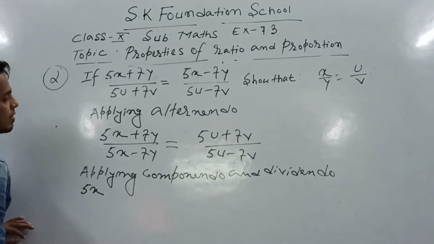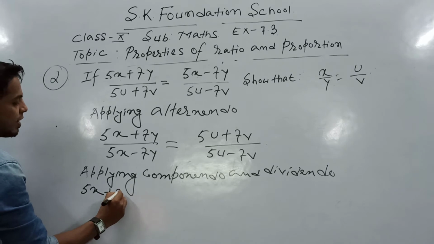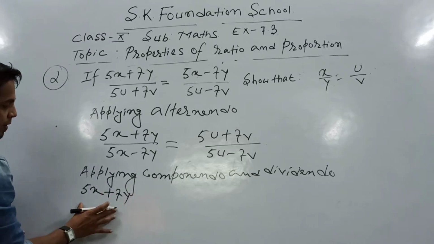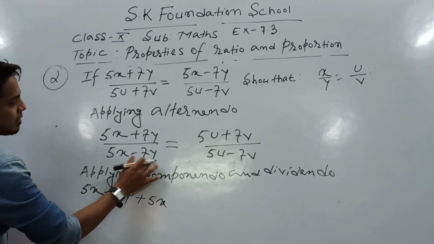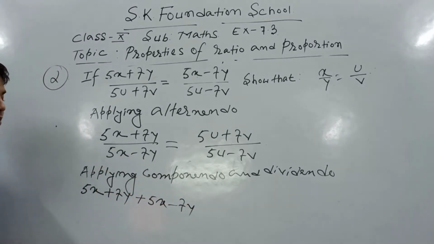So 5x plus 7y plus this remaining part 5x minus 7y, right?